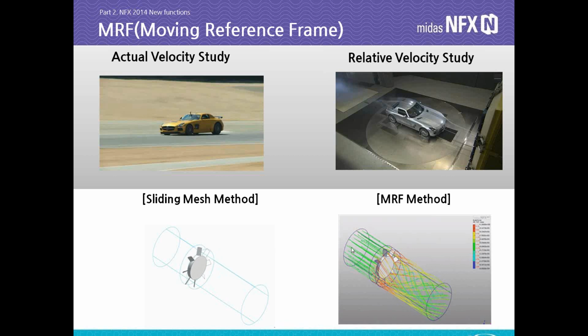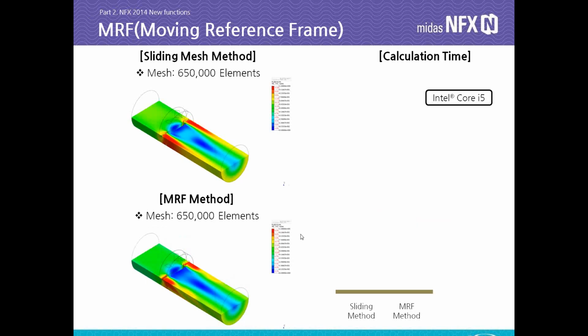And in the second type, the MRF, what it does is that your part is actually fixed, so it's not rotating, but the fluid is kind of rotating using this MRF. So it's rotating the fluid instead of rotating the object. So it's the same kind of thing.